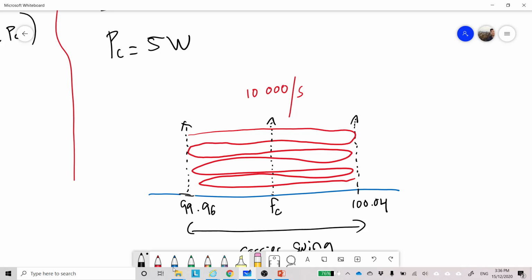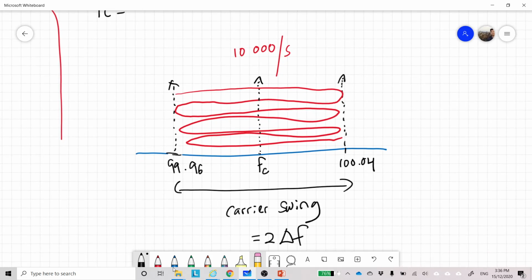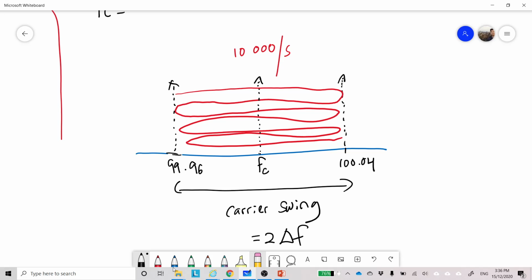Dalam kes ini kita boleh lihat carrier frequency berada di tengah-tengah. Oleh itu carrier frequency adalah 100 megahertz. So the center here is 100 megahertz.